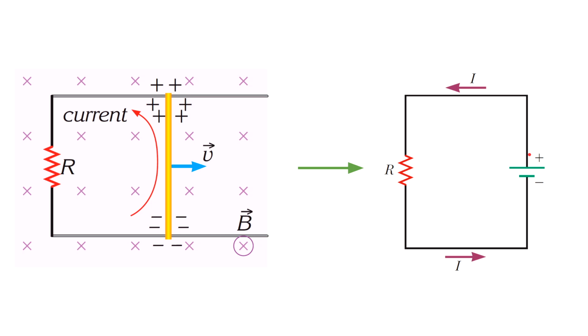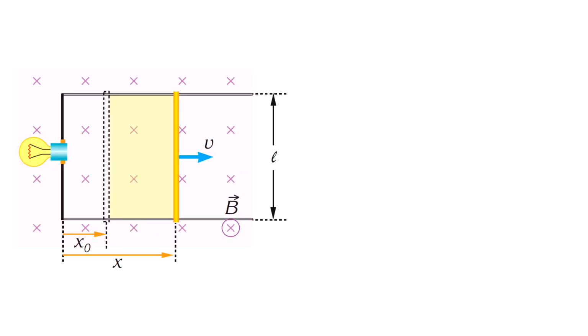And we also can find the equation for EMF by the concept of magnetic flux. Assume the rod of length L, which moves from the initial distance x0 to the final distance x at an interval of time.